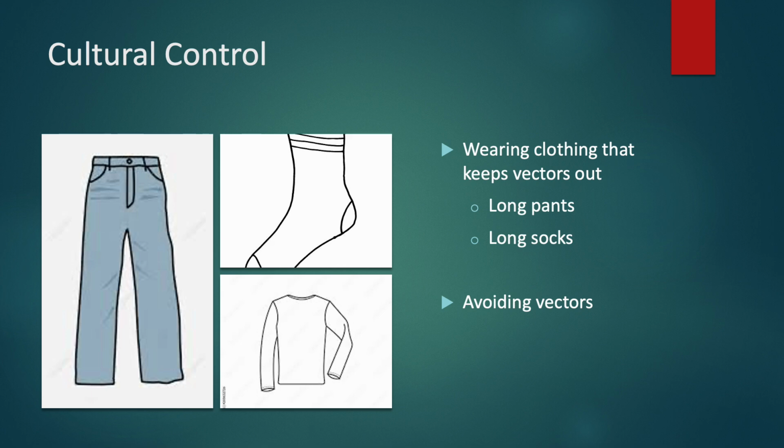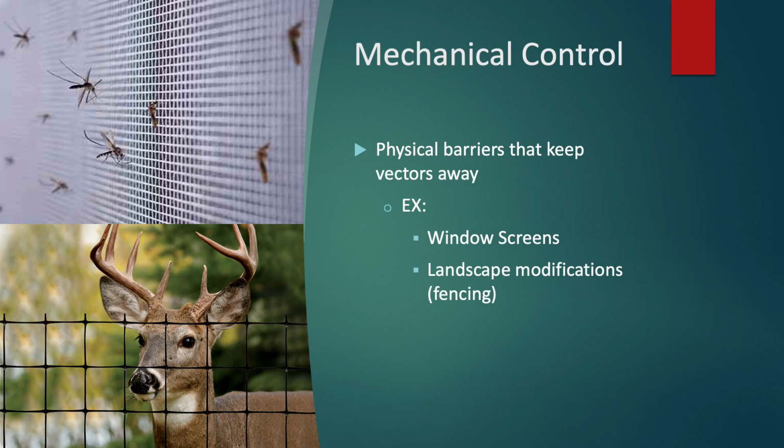And then next we have the layer of the pyramid as mechanical control or physical control. These are physical barriers that keep vectors away from you. For instance, we have things such as window screens. This keeps the mosquitoes out while you can still allow air in.